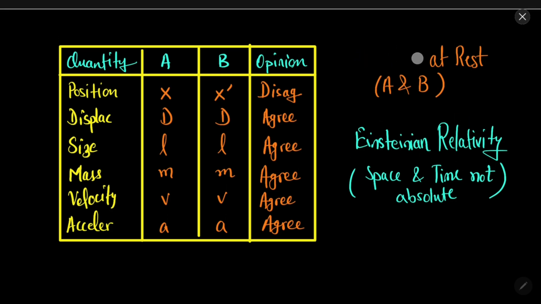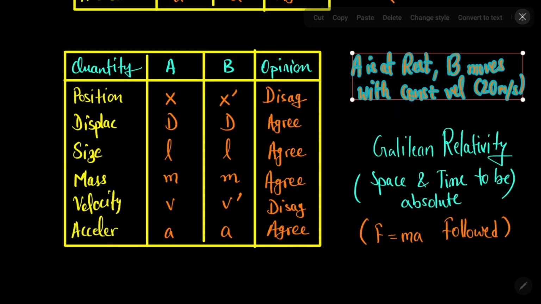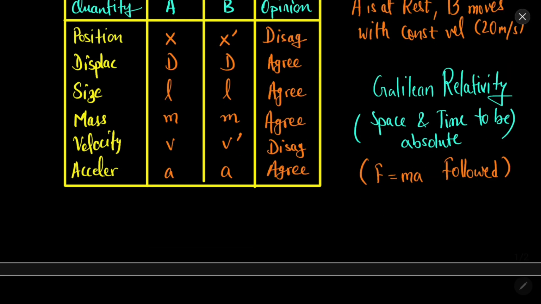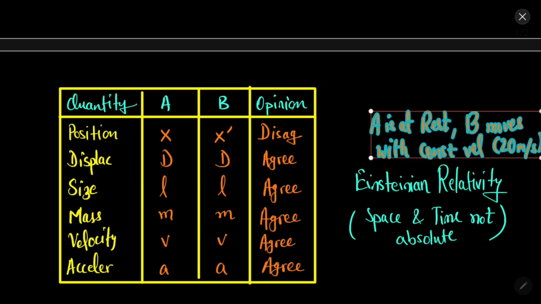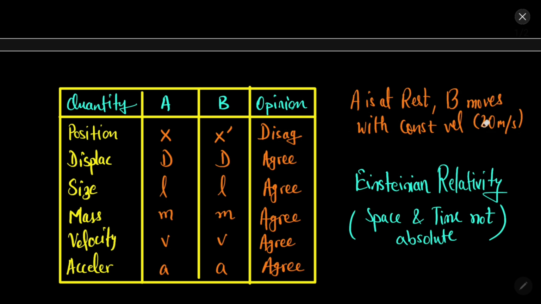Now let's say the situation is A is at rest and B moves with some velocity, but this time the velocity is very high. Let's say the velocity is 2 into 10 to the power 8 meters per second. When the velocities are very high or close to the speed of light, then it is observed that space and time are not absolute.